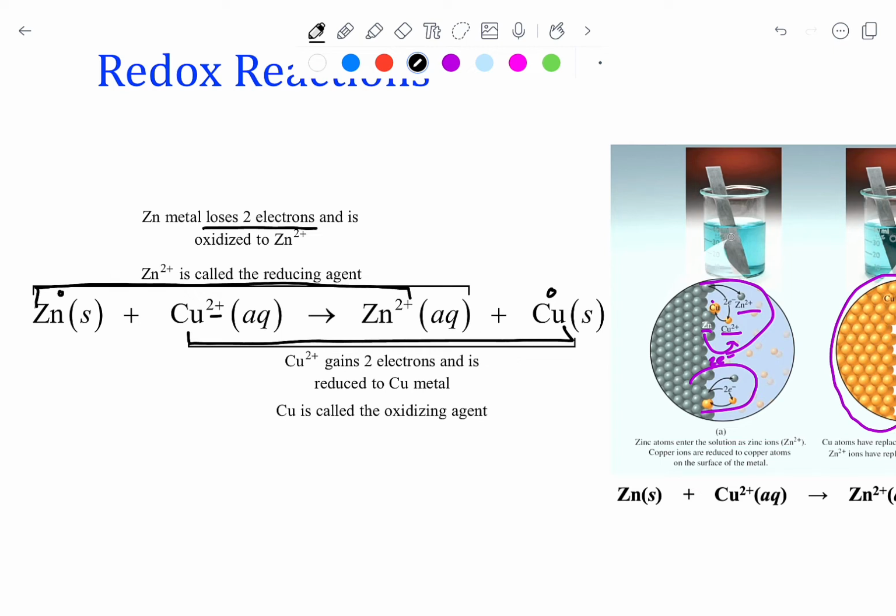Okay, so we see copper ions that were in solution becoming solid, and we see zinc solid turning into zinc ions in solution. So what's happening here is we are exchanging electrons. Oxidation is the loss of electrons, and reduction is the gain of electrons. So since zinc lost electrons, it gave them away, it lost 2 electrons, it is being oxidized.